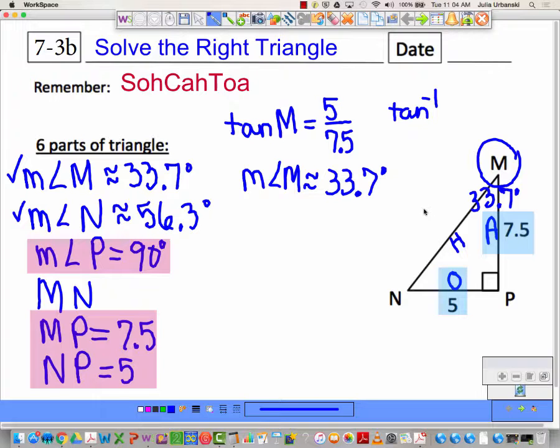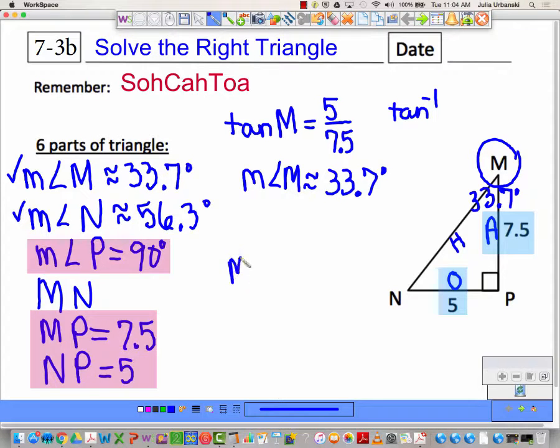If I use Pythagorean theorem, this is an exact 7.5, an exact 5, so I'm going to use Pythagorean theorem instead. I'm not telling you that's always the best, but in this case it is, because this one is estimated and these two are exact. But you're going to have to use your own logic in trying to figure out what's best in the case that you have. So side MN is the one I'm trying to find.